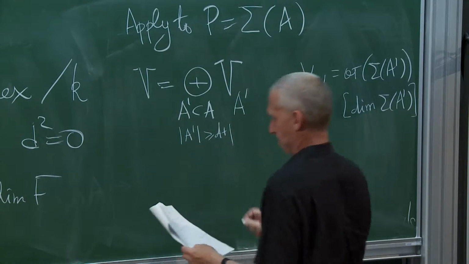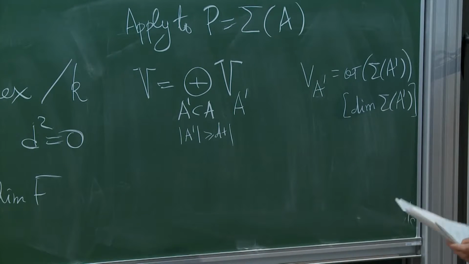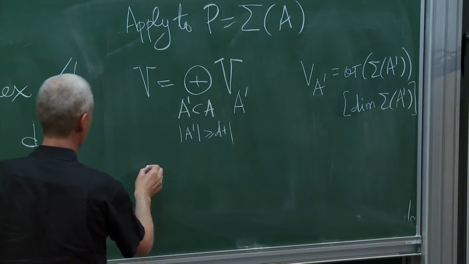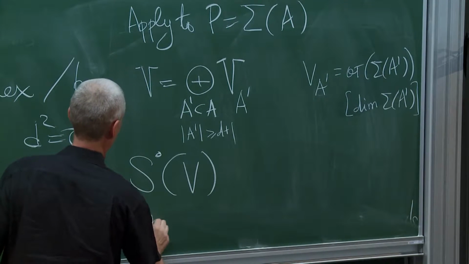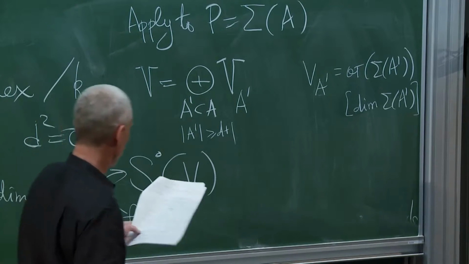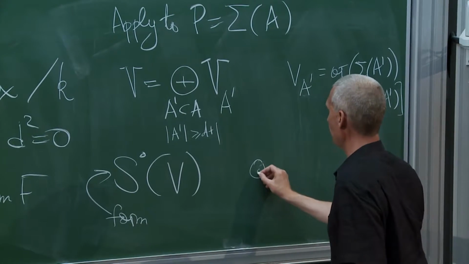So this is a vector space. And let's form a symmetric algebra of this vector space, with this operation, call it dot.